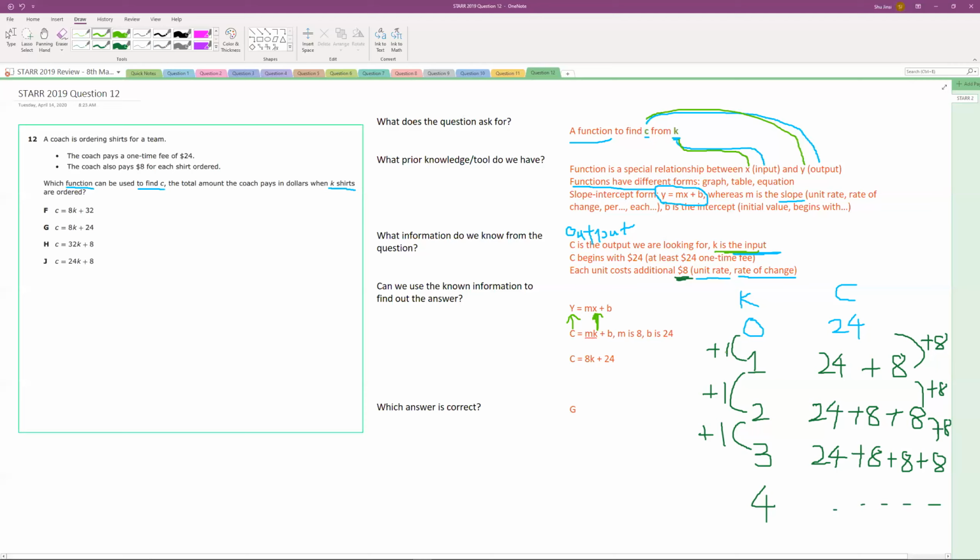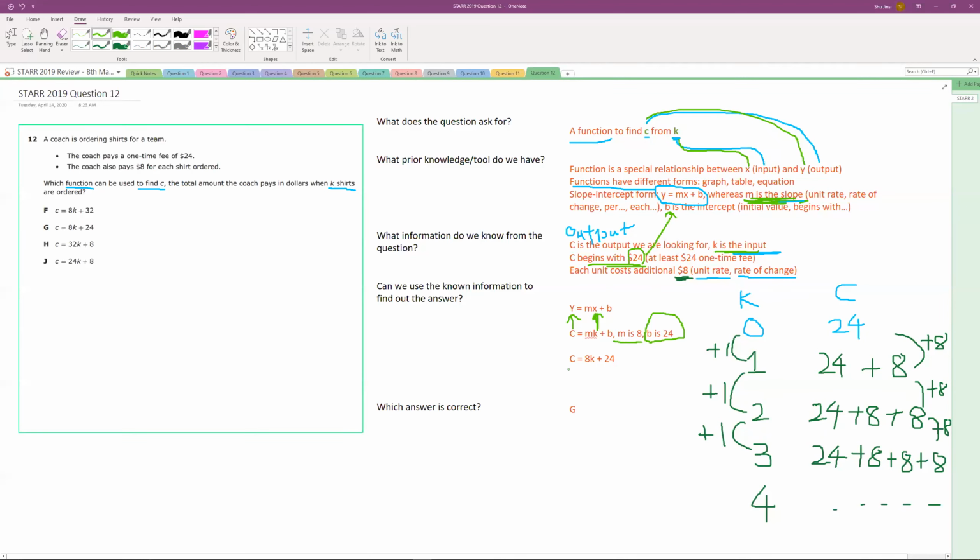And we know the slope, the rate of change, the M, is 8. And the initial value, this 24, is our B. So we are going to substitute M with 8 and B with 24.